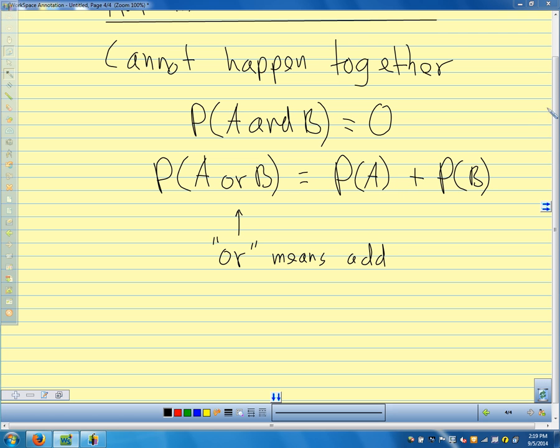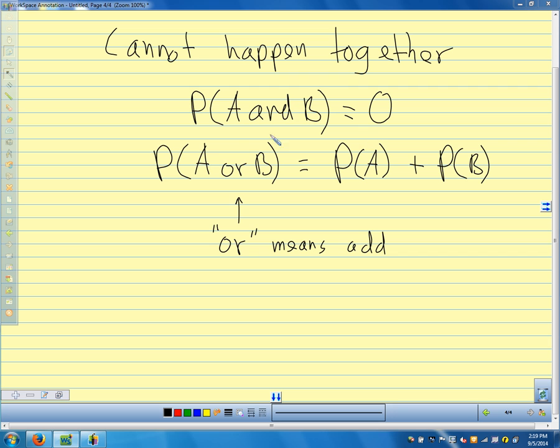So let's do an example of mutually exclusive events and finding an or probability. We have our jar, and it has our marbles. We haven't lost all of them yet. 3 red, 4 blue, and 5 green.